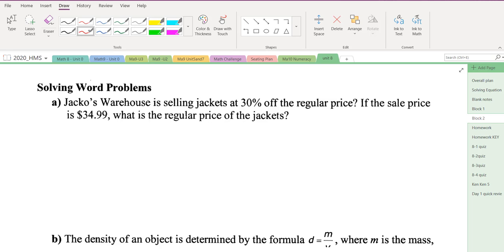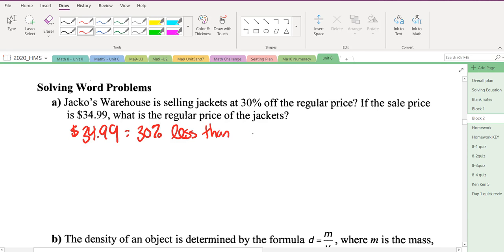They say that $34.99 is 30% less than original price. Okay, that's what they're saying. They're asking, what is this original price?